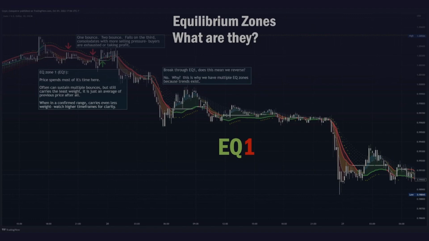But what's EQ1 here? You can see it's the zone that's created between the magnetic ribbon, baseline 1, baseline 2. Baseline 1 is the thicker green baseline that just changes from green to red. And then baseline 2, as long as you have trend optics turned on, or baseline optics, trend optics, I forget what it's called, but it's in your settings in Armageddon.